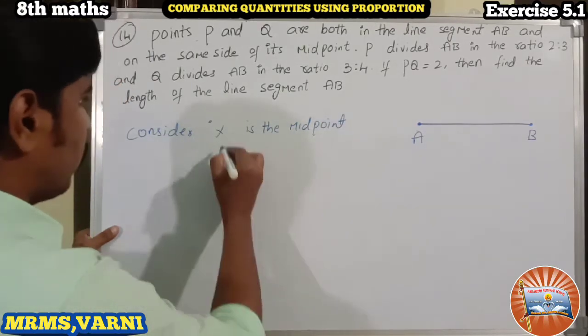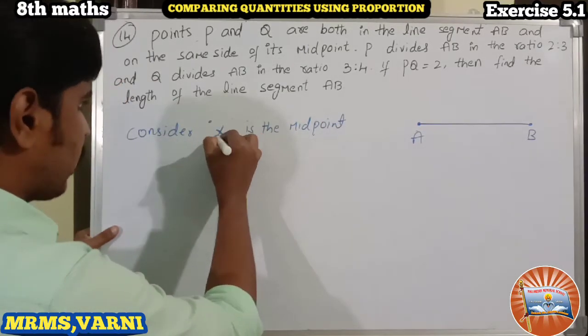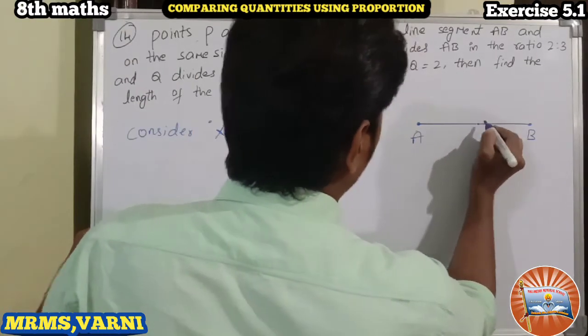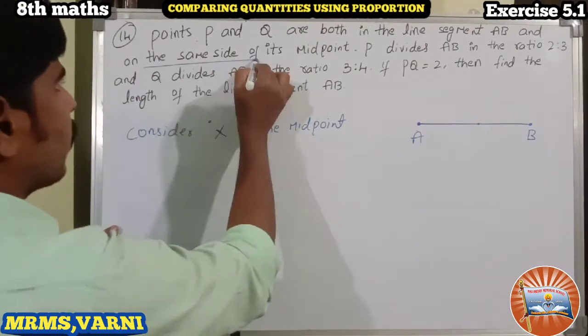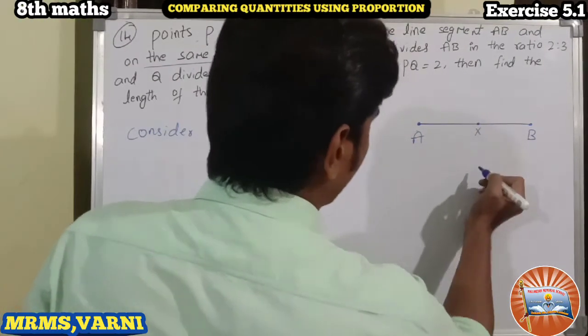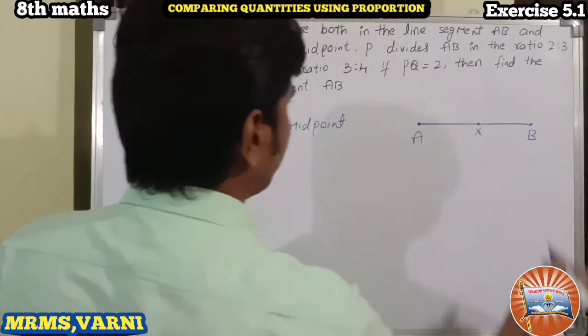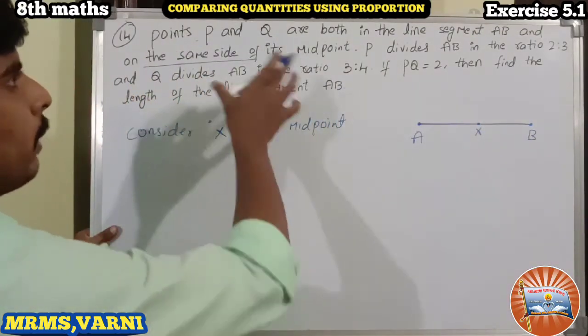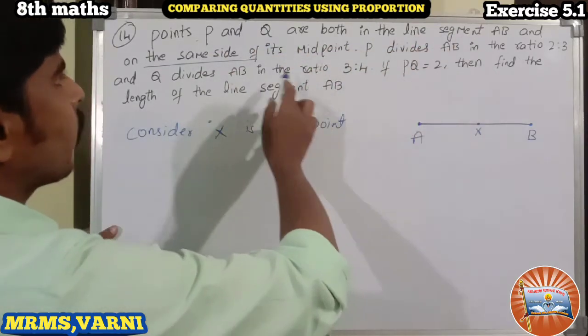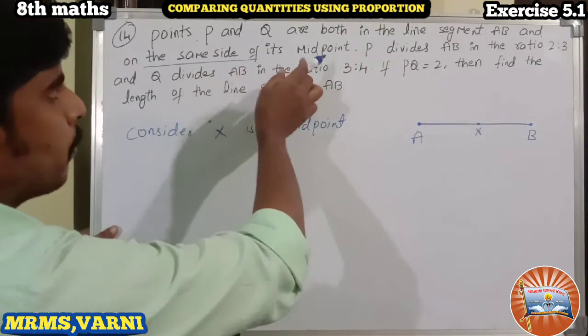We don't use this midpoint concept here, but just for the sake of P and Q being on the same side of its midpoint, that is why I am taking the midpoint here. This is X, a midpoint of AB, and P and Q both lie in the same line segment AB on the same side of its midpoint.